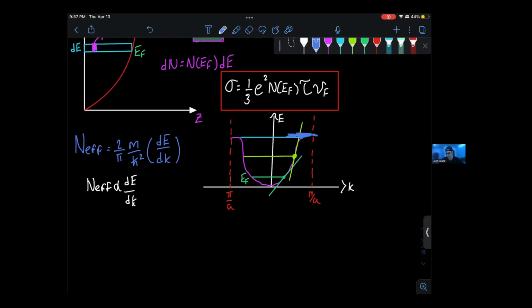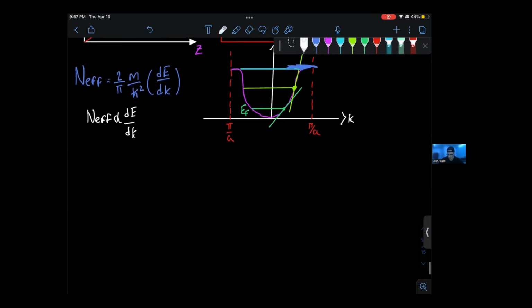Now there's 3 types of models that we just went over. The first one we went over was bivalent. That was the low Fermi level, so low effective electrons. The second one we went over was monovalent.